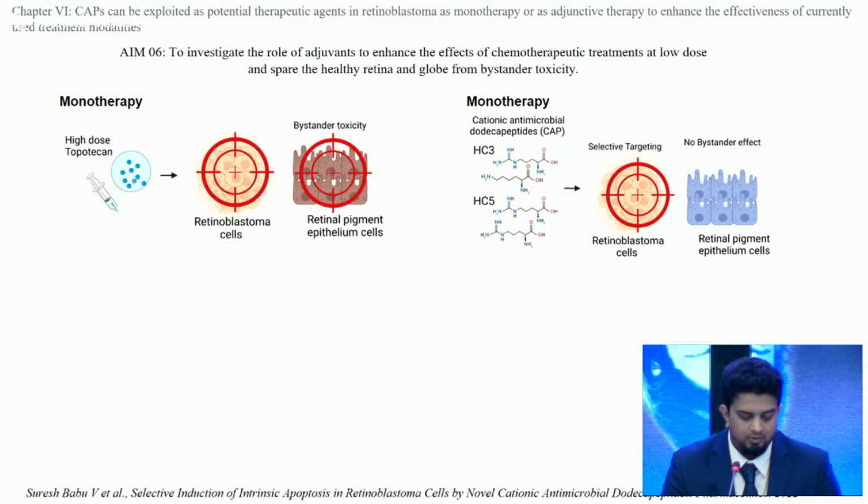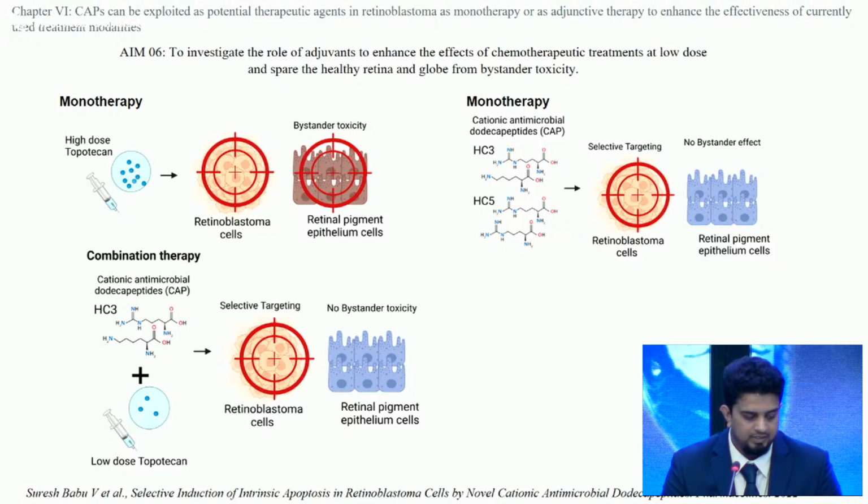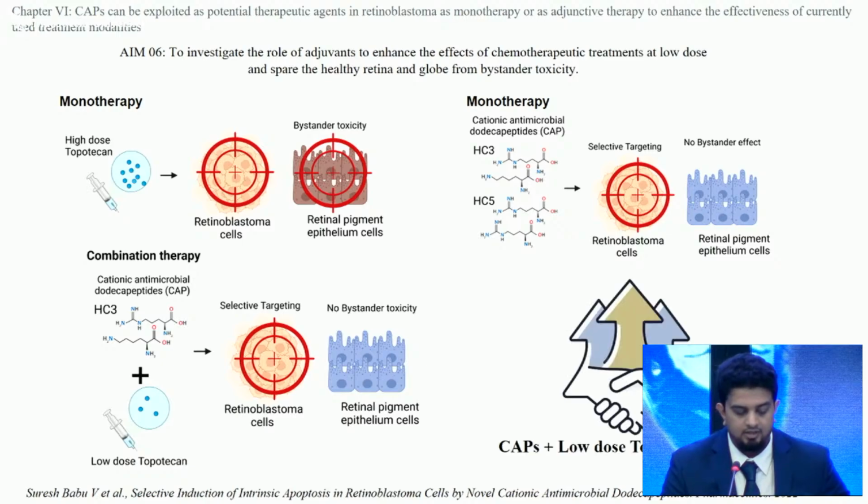So then we developed a combination therapy approach where we combined the peptides with low-dose chemotherapy, and we found that it was effective in targeting retinoblastoma cells and sparing normal cells. So this we further looked into how these peptides were able to be used in the clinic, and we find that the peptides were able to potentiate the effects of low-dose topotecan, and thus it causes a synergistic effect.